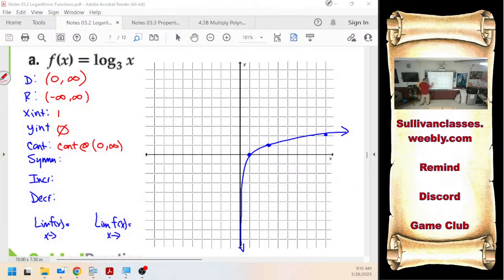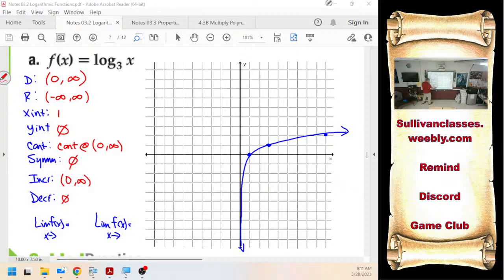There is no symmetry to this. As I go left to right, where is it going up, increasing? Not 1 to infinity. 0, right? If I was at like 0.00001 and then 0.4, it went up. So 0 to infinity. Decrease, no.